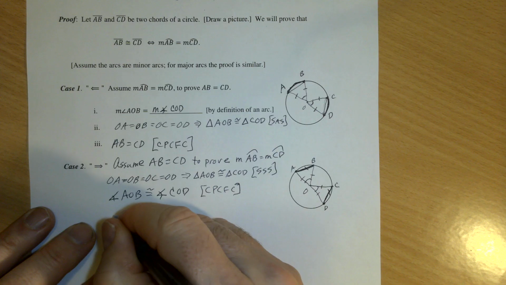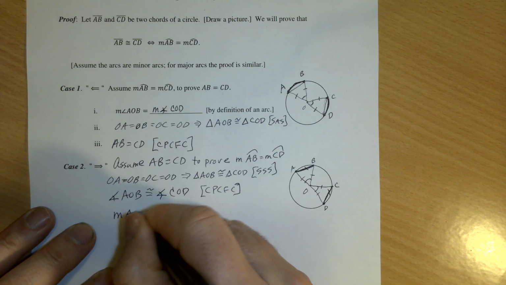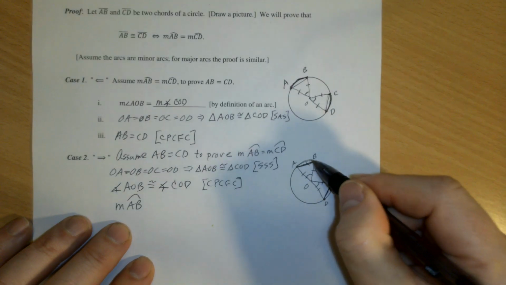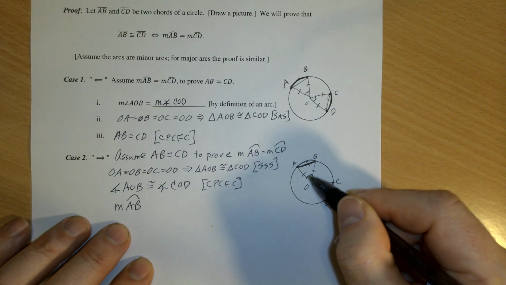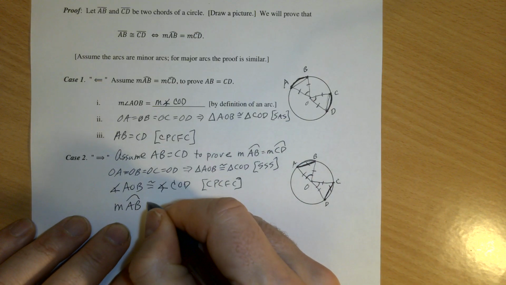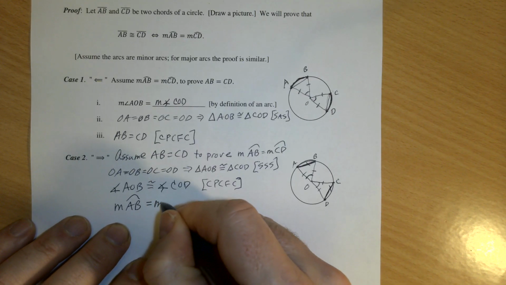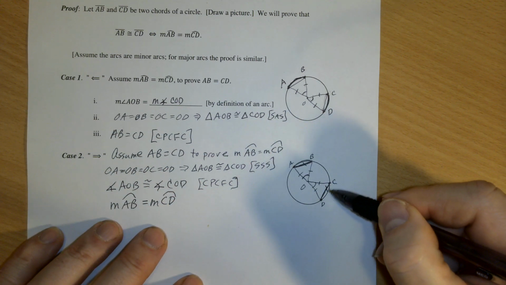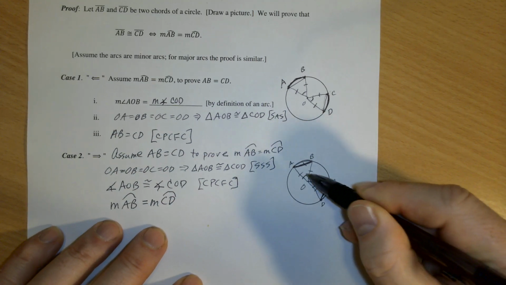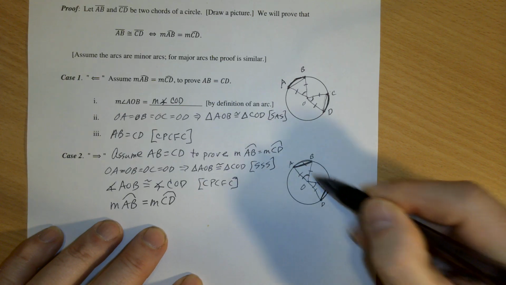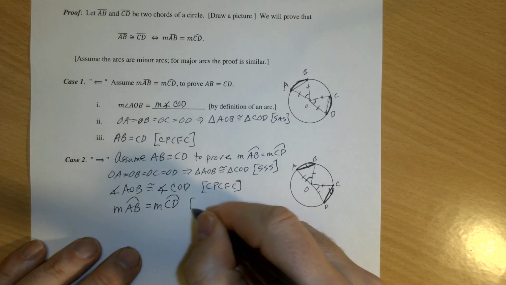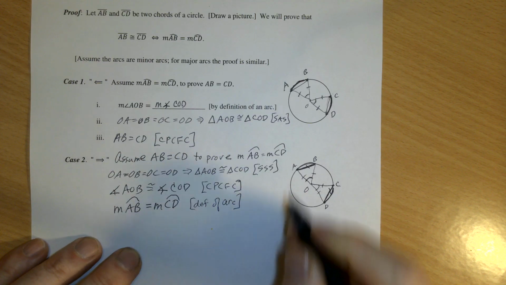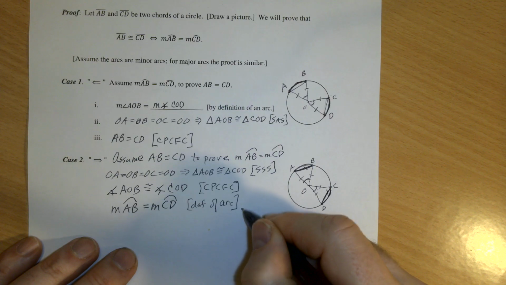Therefore, the measure of arc AB, by definition the measure of this angle, is equal to the measure of arc CD, which is the measure of this angle. Since those two angles are the same, the measures of the two arcs are the same, by definition of an arc. And that's the end of the proof.